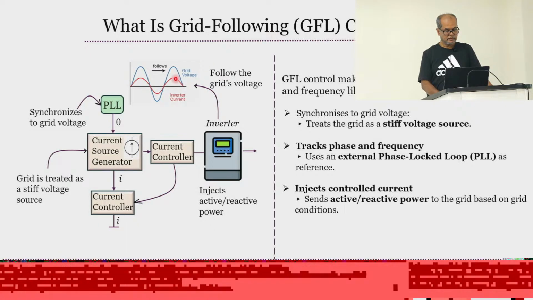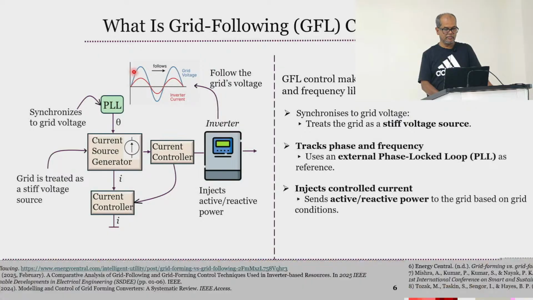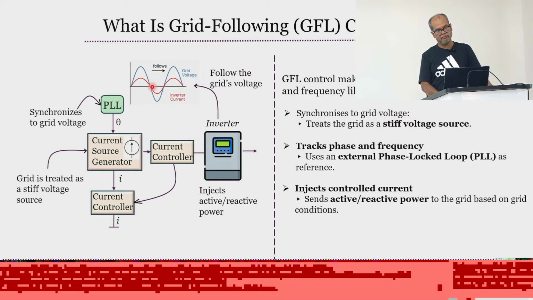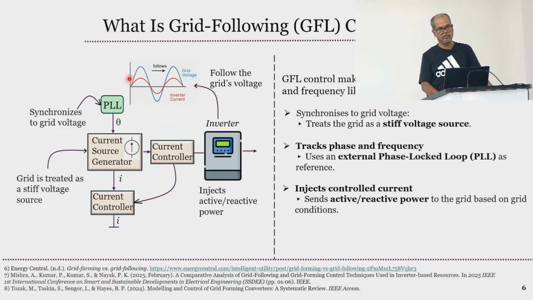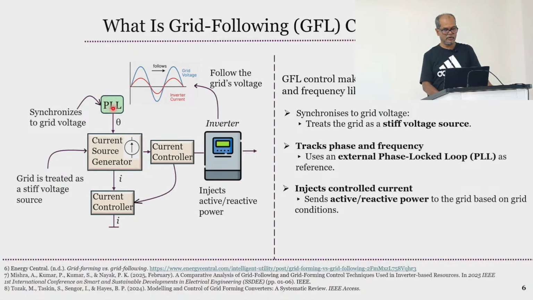Here you can see that if you have the grid and the inverter, the magnitude could be different, but it is going to follow exactly. So that's a grid following inverter. And as I said, we need a PLL to synchronize with the grid voltage.